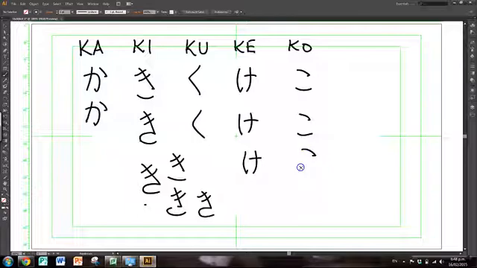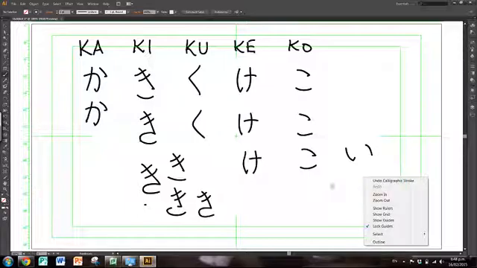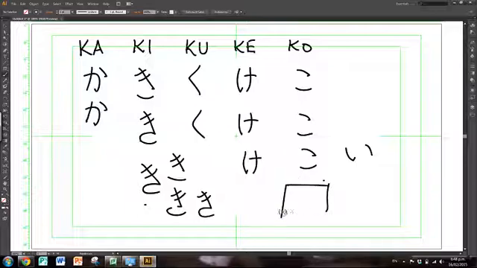Ko. Sometimes people confuse ko with I. Sometimes ko and I can be confused. Now the rule with Japanese writing is that if you have an imaginary square that you're writing into, you're going to start in the top left hand corner.